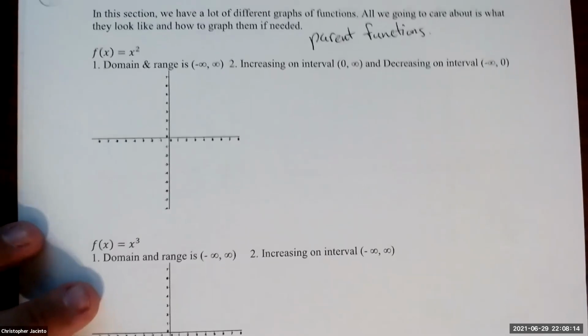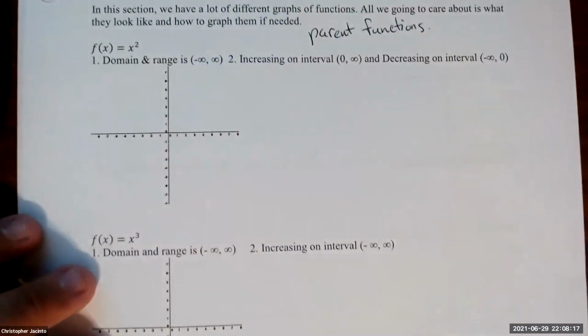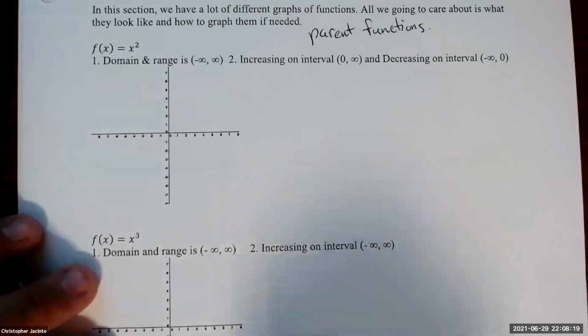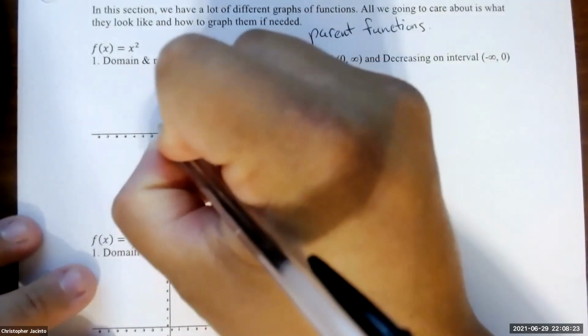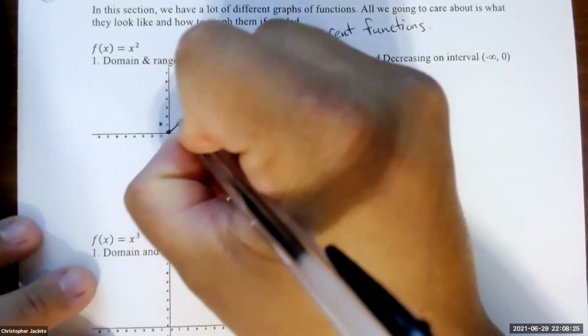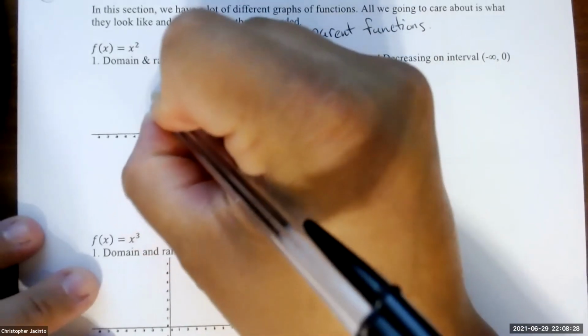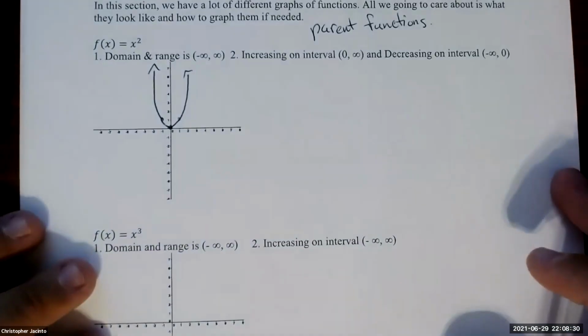So first thing is, how do we graph x squared? So x squared is called a parabola, and it looks something like this. Like that.